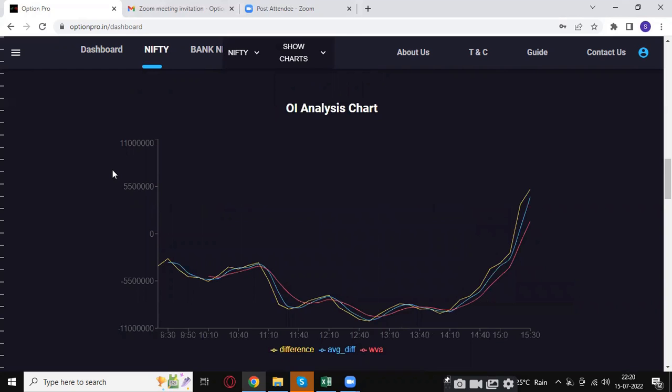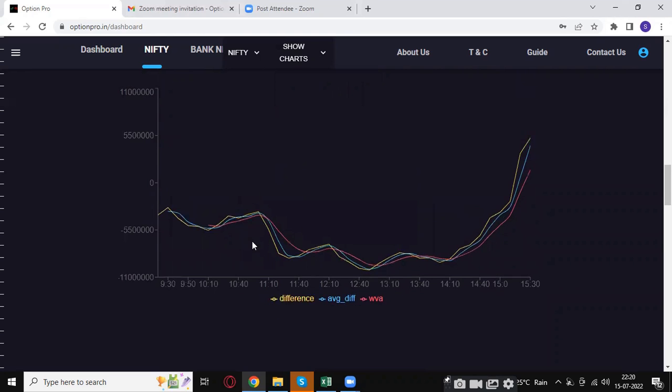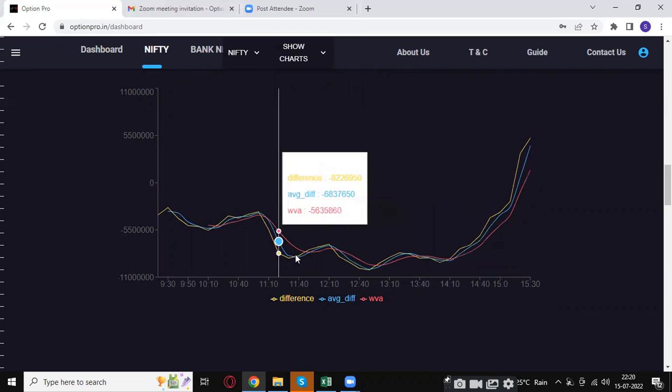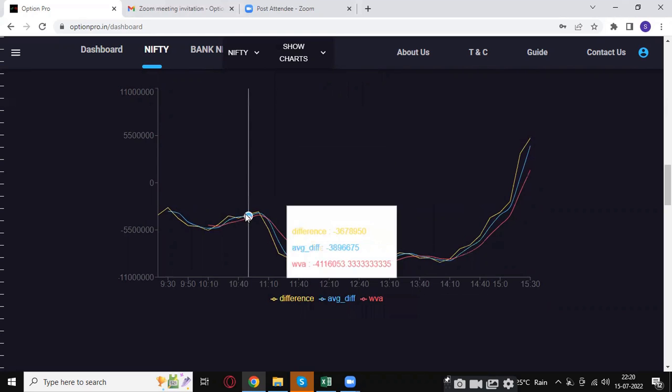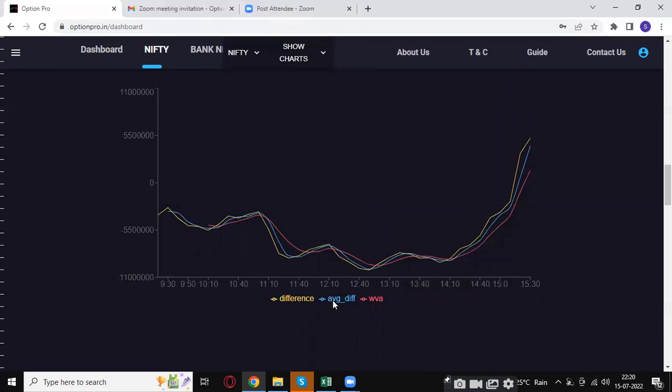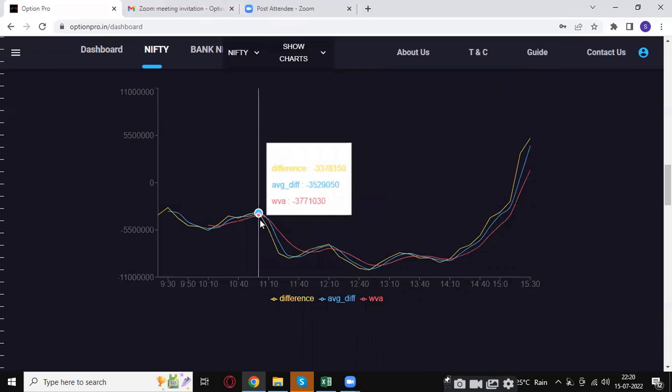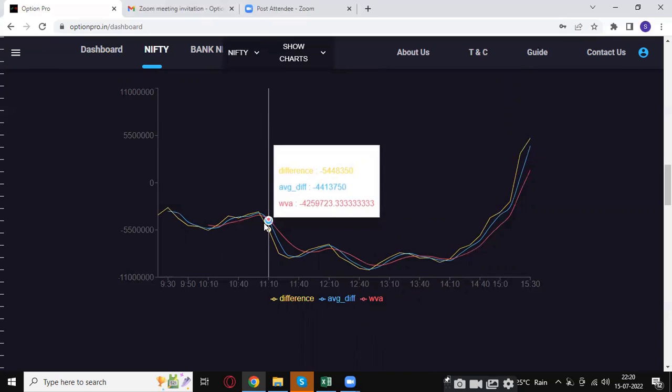So what can you get from this chart, and how will it help you take a trade? There are three lines you can see here: the difference, the average difference, and the moving average line. The difference is the yellow line. If this difference is going below the average difference and the weighted average, then it is a negative sign, so Nifty will go down.